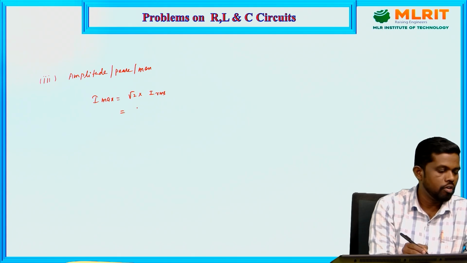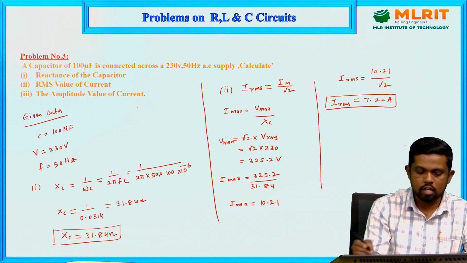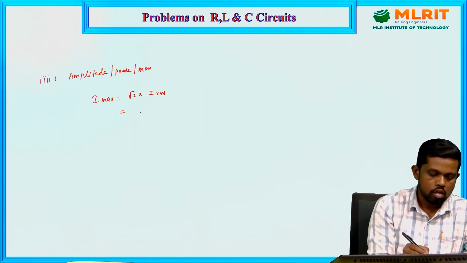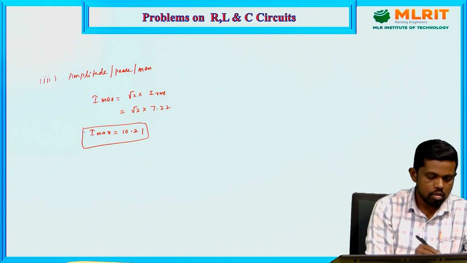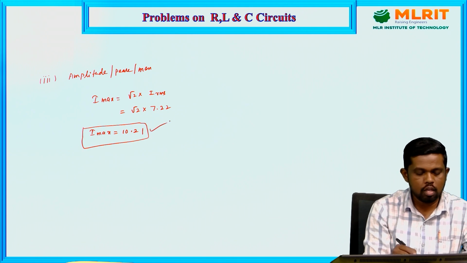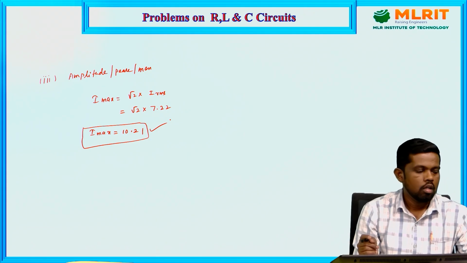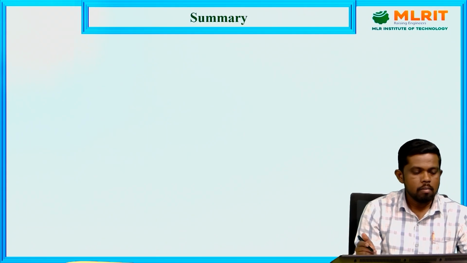Just now we have determined the IRMS value, that is 7.22. Root 2 into 7.22 means I max equal to 10.21 we got. So this is another way to get the I max value. This is the end of the third question.